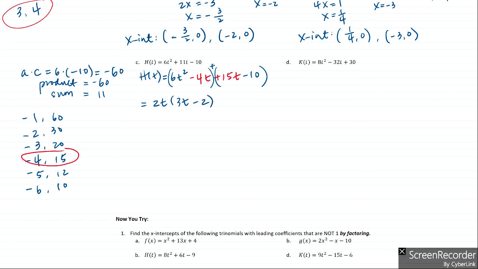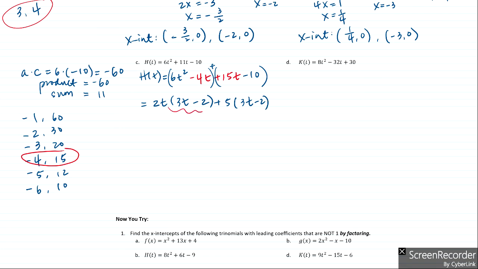Again, you can double check this process by distributing 2t back, and you should get everything in the first group back. Plus, in the second group, these two terms share a factor of 5 in common as a GCF. That leaves me again 3t minus 2 as we're hoping for.